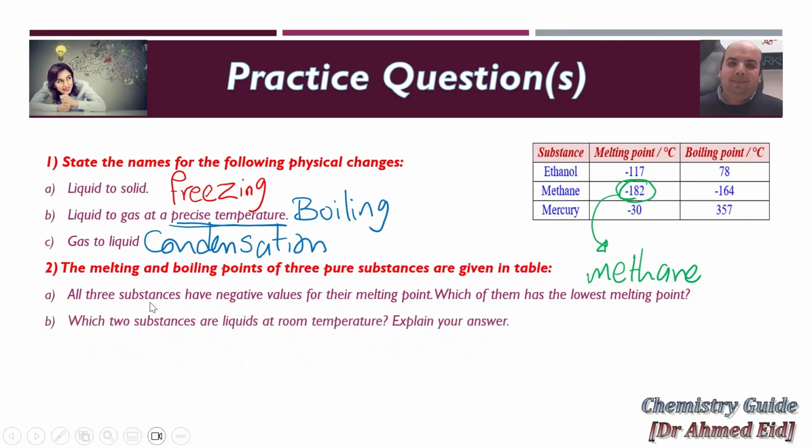Next question. Which two substances are liquid at room temperature? And explain your answer. Room temperature is considered as about 25. 25 is in between the melting and boiling points of ethanol and mercury. So the answer will be ethanol and mercury.